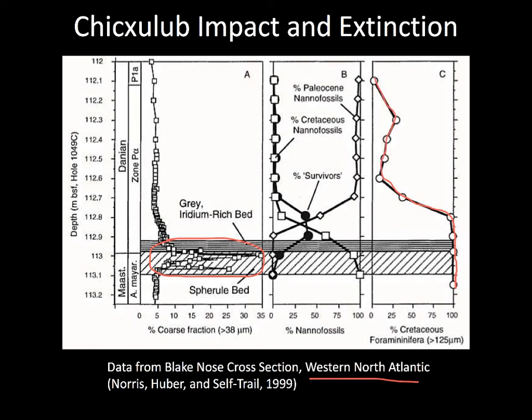And so that would be indicating, supporting evidence for a mass extinction. And you can see there's a nice turnover here where your Cretaceous fossils die off, whereas your surviving fossils expand into that ecological vacancy. So further evidence for an asteroid impact as the cause of the KT mass extinction.